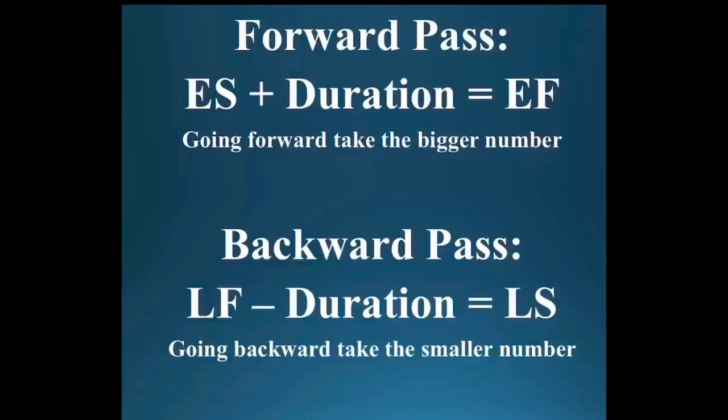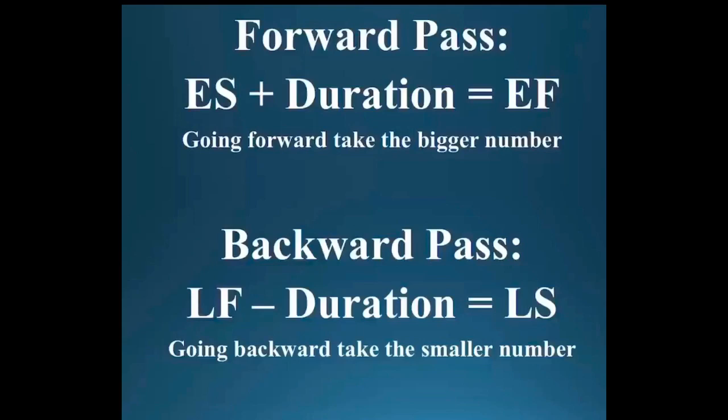And when we have convergencies, we have to make sure that we take the bigger number, okay? When we're doing the backward pass, the formula is late finish minus duration equals late start. And when there's convergencies, we're taking the smaller number on the backwards pass. So those are very, very important concepts.